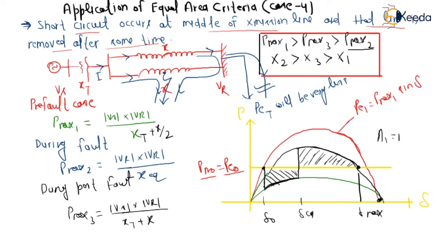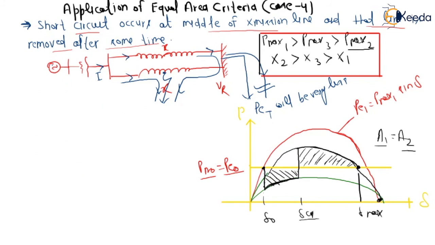With the help of A1 equal to A2, we find delta Cr. From delta naught to delta Cr, we write Pm minus P max 2 sine delta d delta, and from delta Cr to delta max, P max 3 sine delta minus Pm d delta.